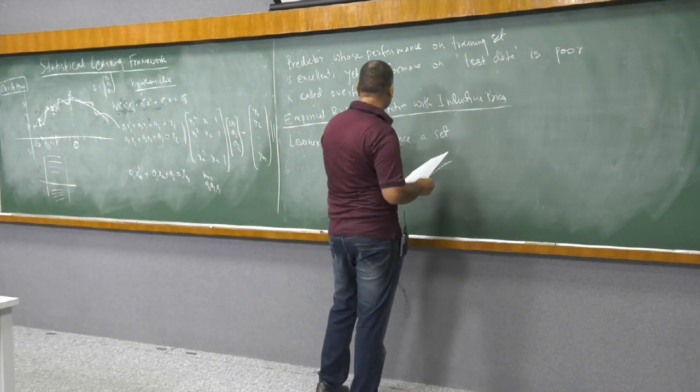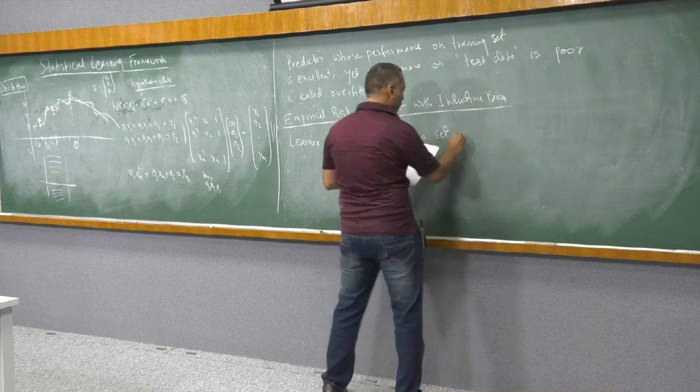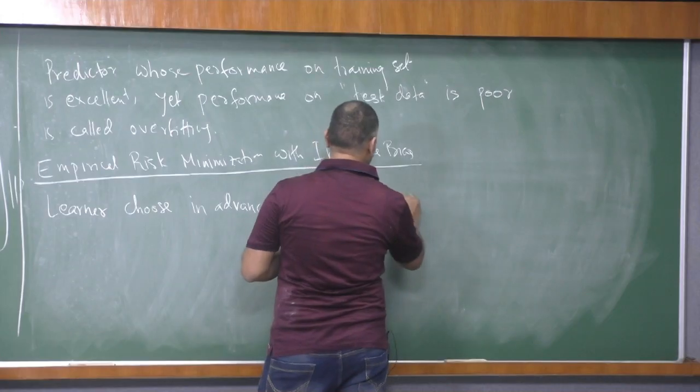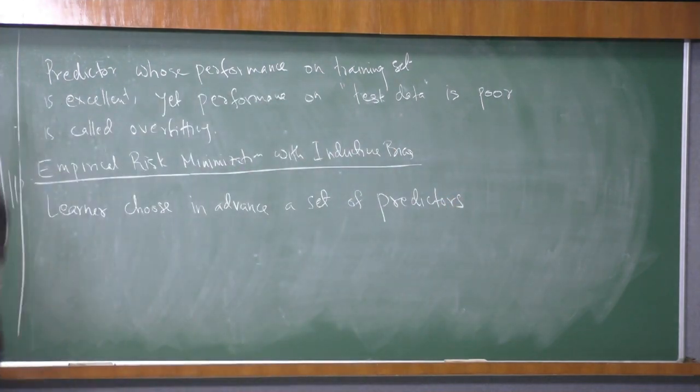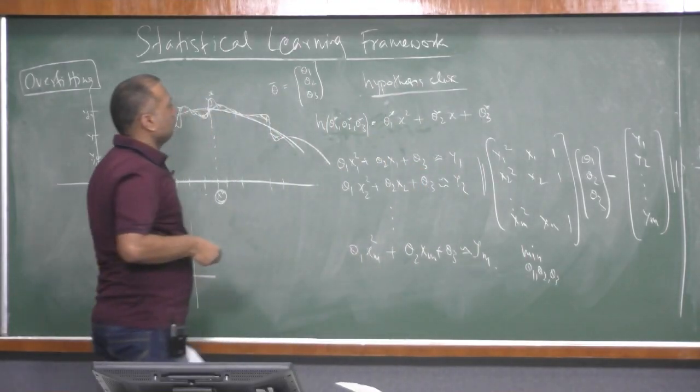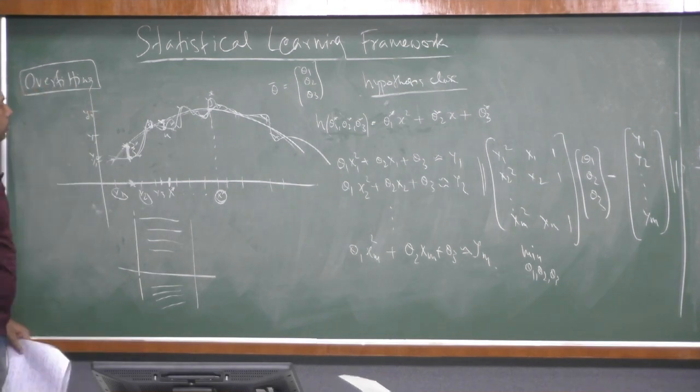So the learner chooses in advance a set of predictors. In this case, we said, okay, polynomial class.